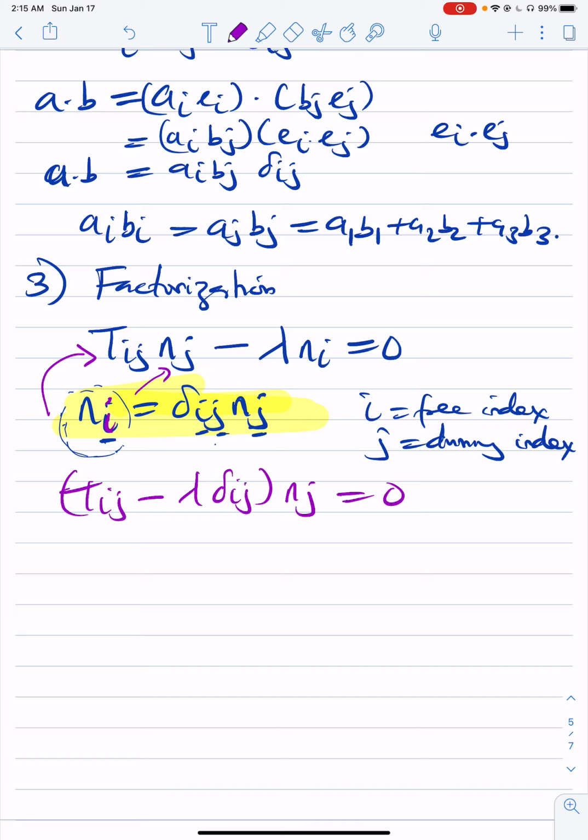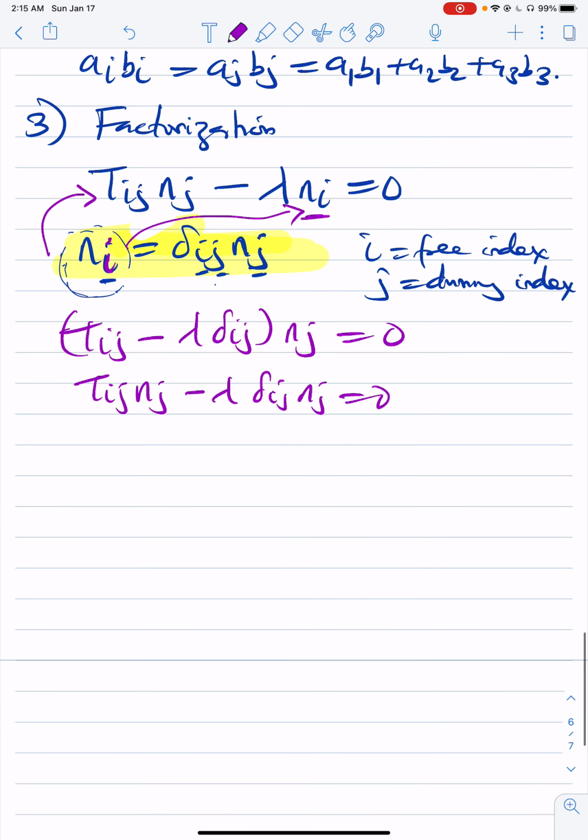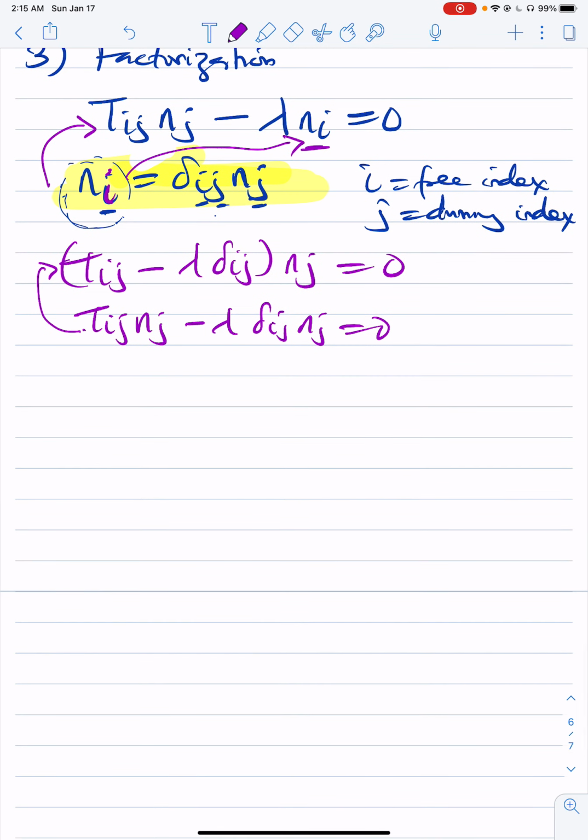I jumped this step, but basically what that means is T_ij n_j minus lambda delta_ij n_j equals 0. Sorry, I think I made a mistake with this one. This n_i is substituted to this. When you substitute, then you bring this n_j out of the brackets. When you get this expression, you then substitute it to this, basically. So that is the third one.